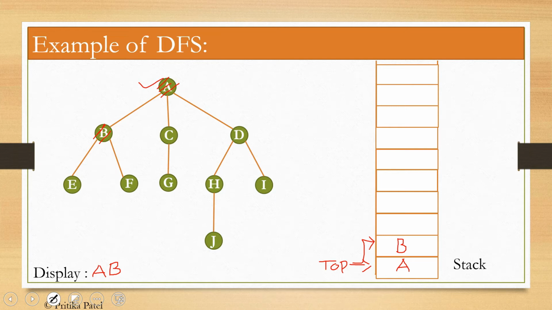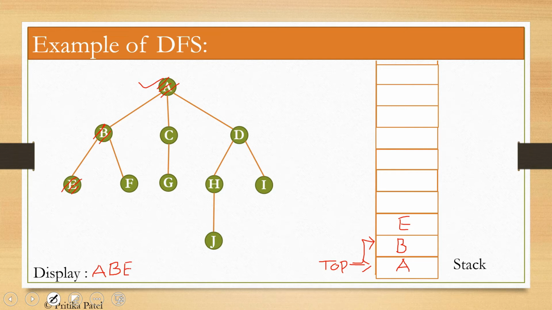Yes, B has E and F as adjacent unvisited vertices. So visit the adjacent unvisited vertex, that is E. Then push it into the stack. So now push E into the stack and display it. So here display E.